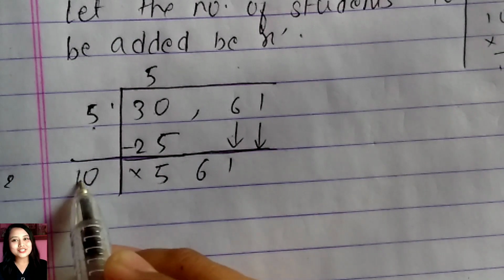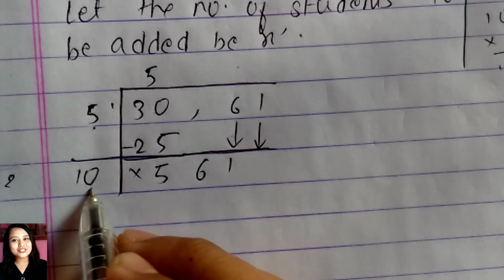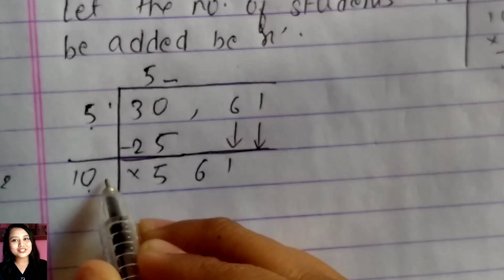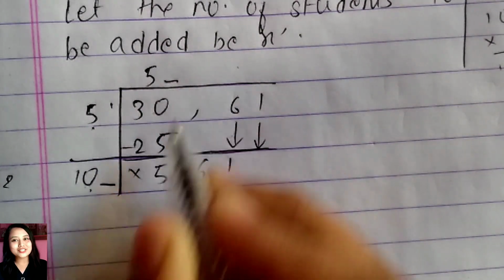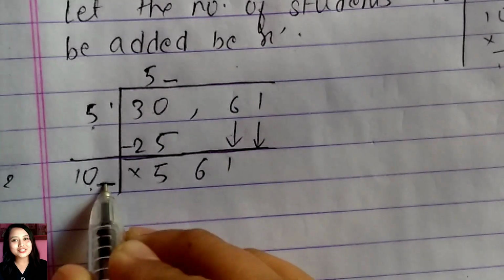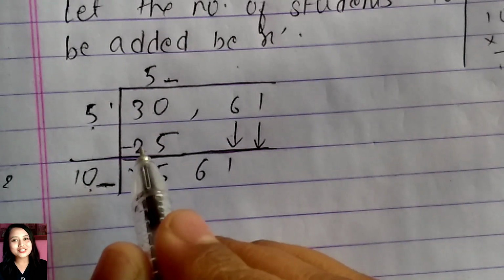Then next to this 10, something is missing, and this part and this part must be equal.